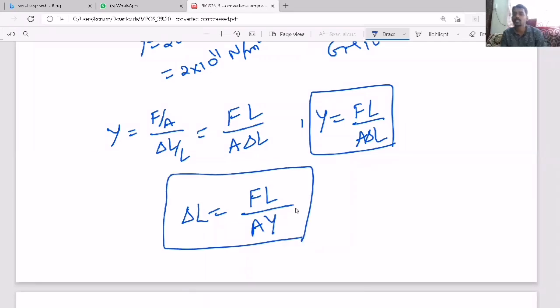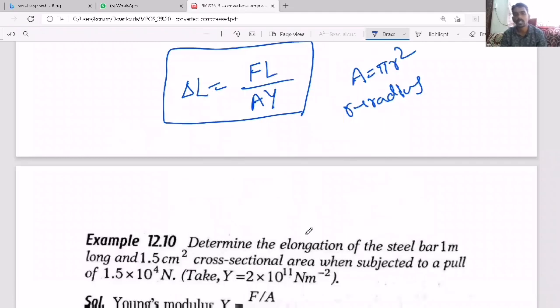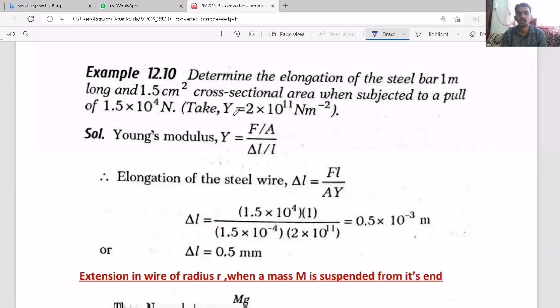So this is the formula for extension in a wire whose Young's modulus is Y, whose area of cross section is A, which is equal to pi r square, where r is the radius and L is the initial length. F is the load applied, or the force applied. Like here I have given one example. See the question.